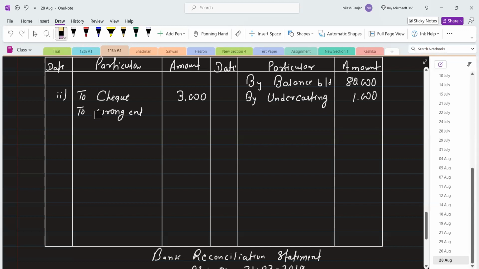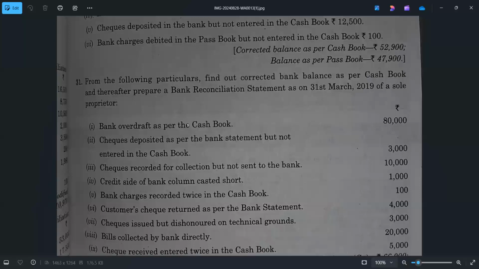Twice entry will be corrected. Twice entry on credit side. So how much is it? 100.